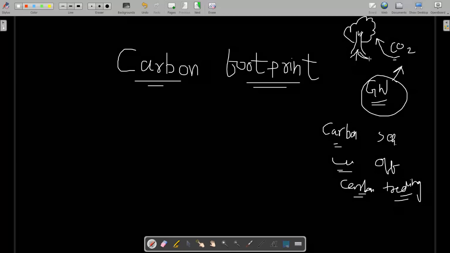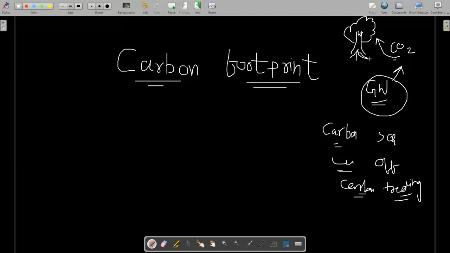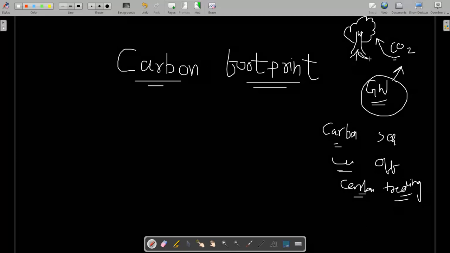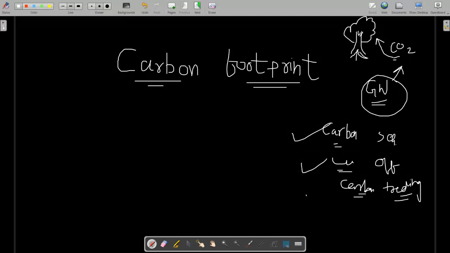But in today's world, everybody is concerned about global warming, and everyone tries to reduce it at their own level. Individuals are trying at their individual levels. So these are some techniques: carbon sequestration, carbon offsetting, carbon trading.